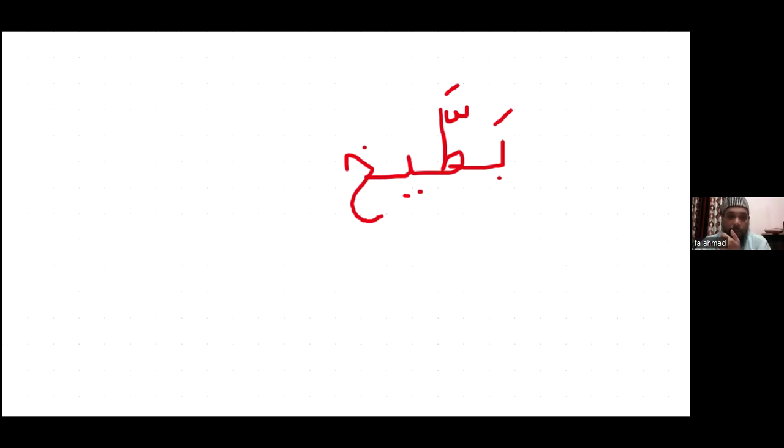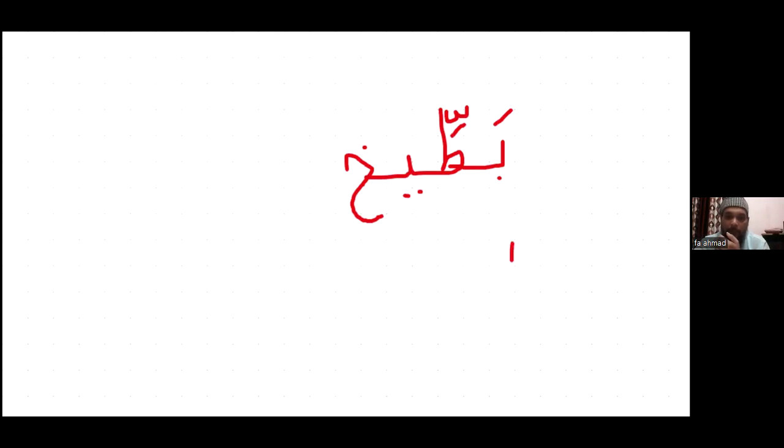Here it is kasra, put down, right? Kasra. Battikh. So ta has shadda, it means ta is double. So if you open, you will find first ta sakin and second ta kasra. Kasra, e sound. Now let's see open. Ba and ta.